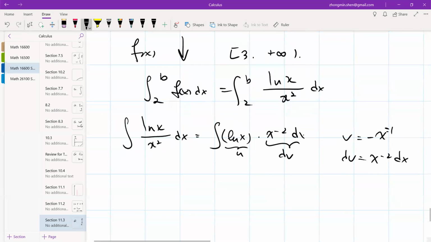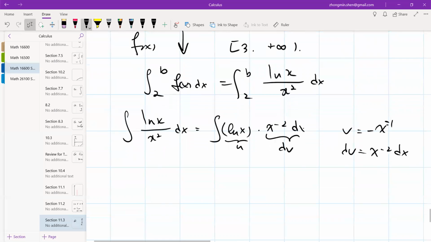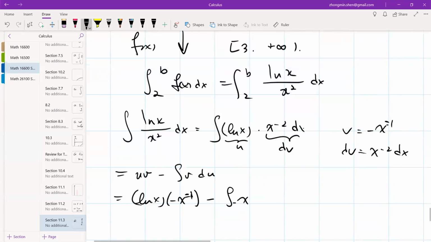Okay, so it's uv minus the integral of v du. So u is going to be natural log x, v is negative x to the negative 1, and minus, right? du is going to be 1 over x dx.